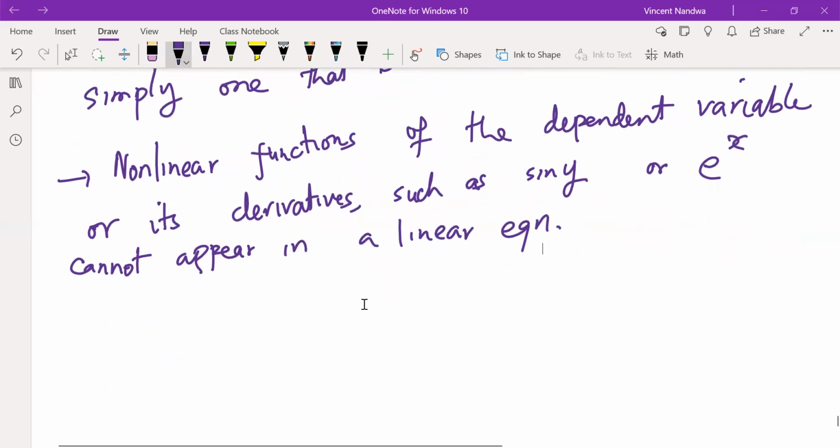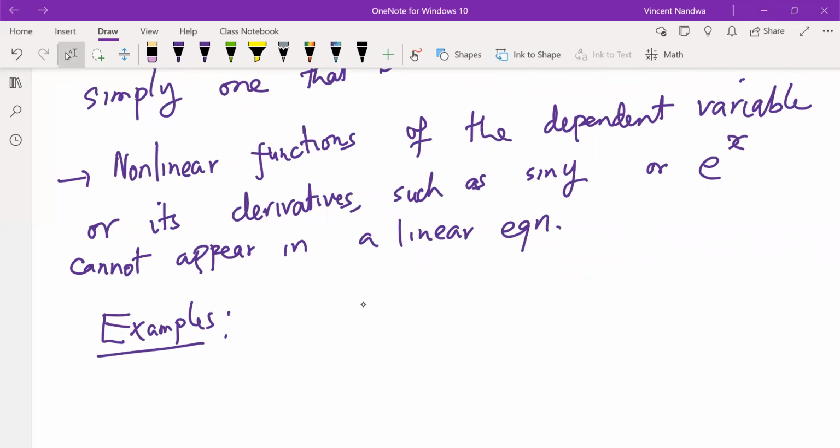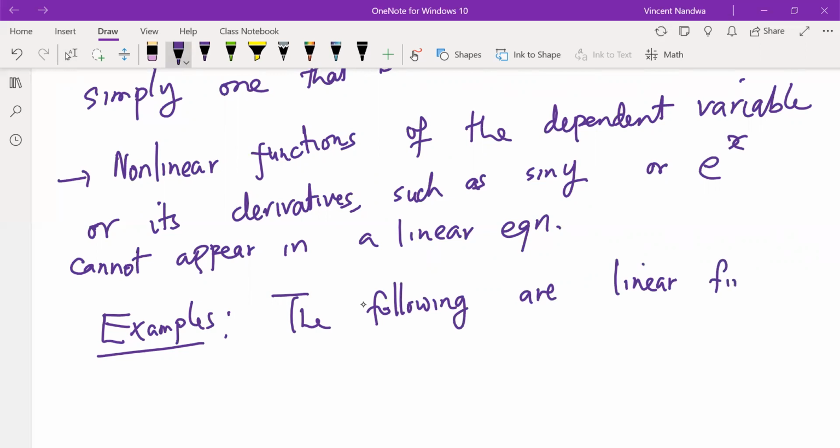So to see this, examples. The following are linear first, second, and third order ordinary differential equations.